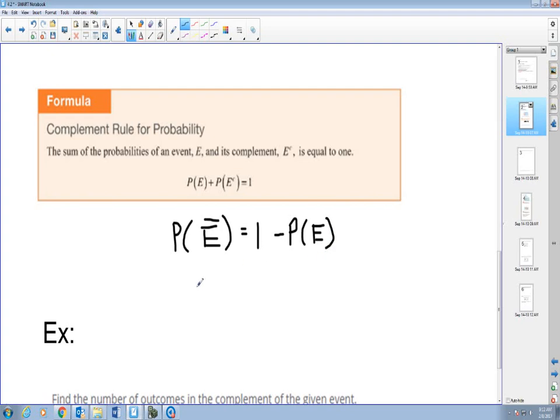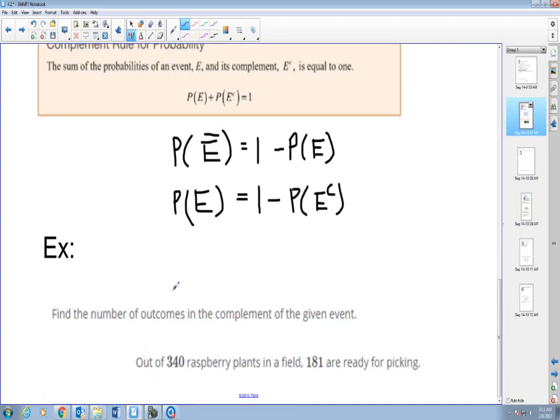Or if I want to find the probability of something I want, event E, then I will take my 100%, 1, minus the probability of what I don't want, which is E complement. Very important concept. Take the total, subtract what you don't want, then you get what you want. We'll talk more about this as we go along.